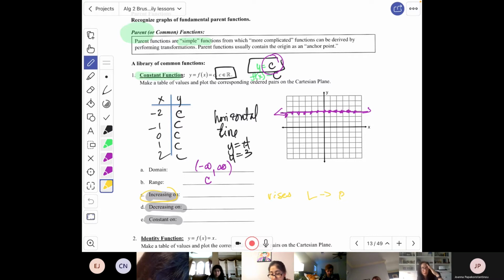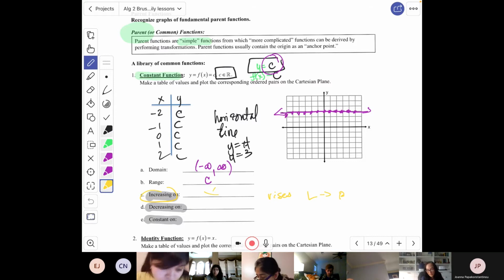So in other words, if I'm looking at it, is it going up? It doesn't have to be a line, but if I were to draw it, are the y values getting larger and larger and larger? Well, I don't see my y values changing, so it's not increasing.